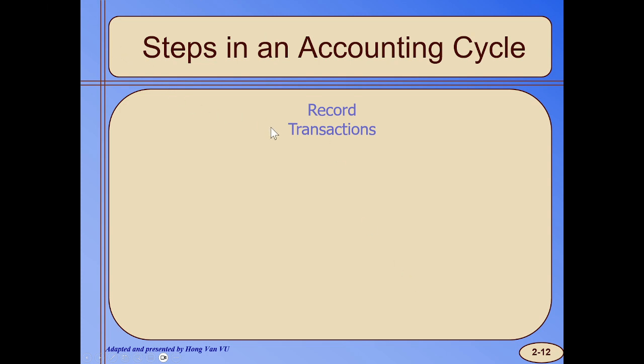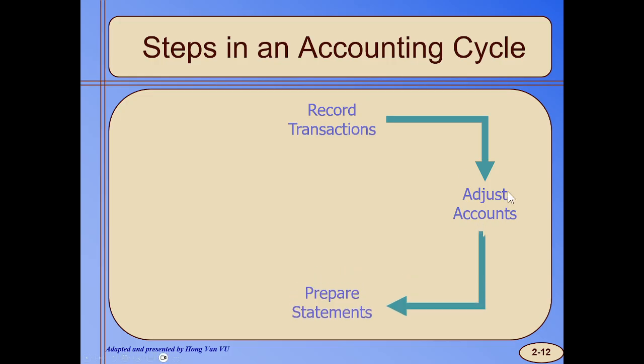So now let's review the steps in the accounting cycle, right? First, we record all of the transactions during the accounting period. Second, at the end of the accounting period, we make any necessary adjusting entries to get the account balances up to date.